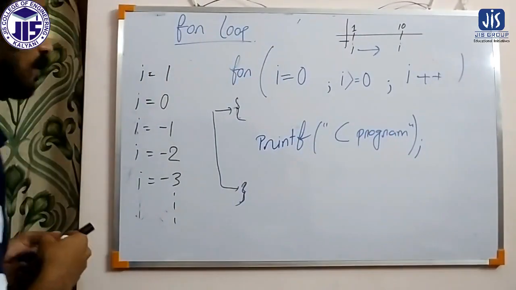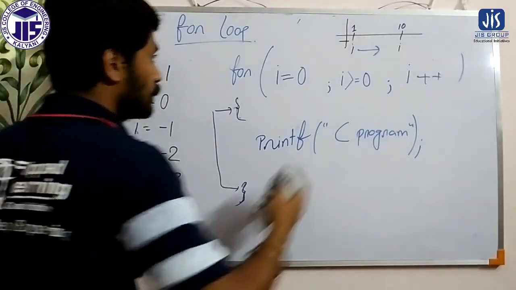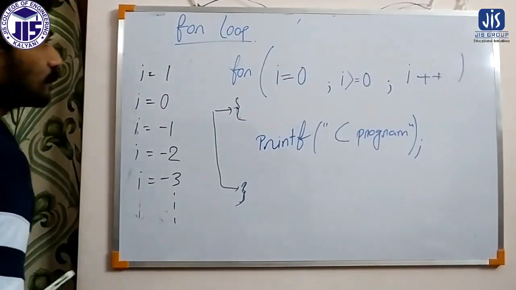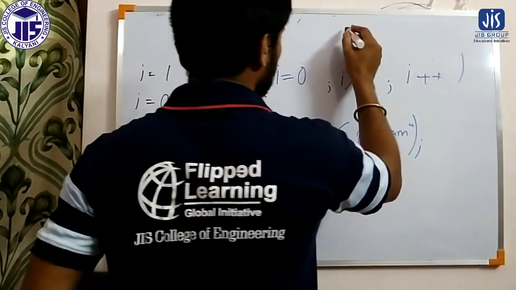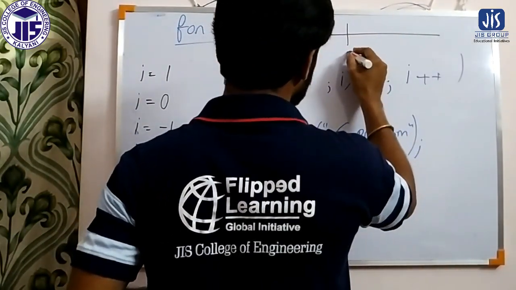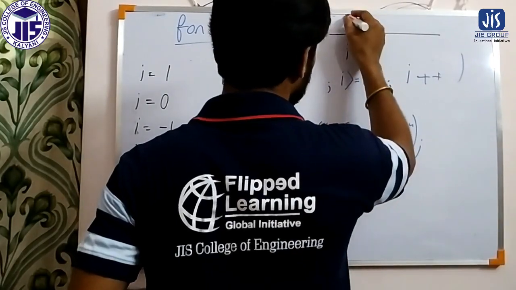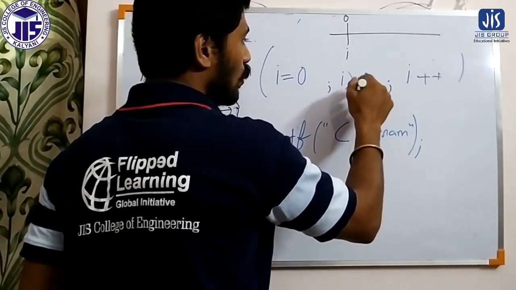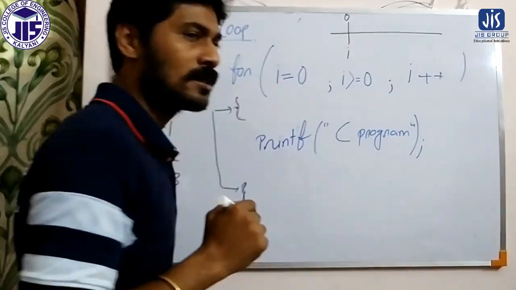Now we perform I plus plus. So for this, what will happen? This is our initial value of I, which is 0, and the value here we have considered as 0.